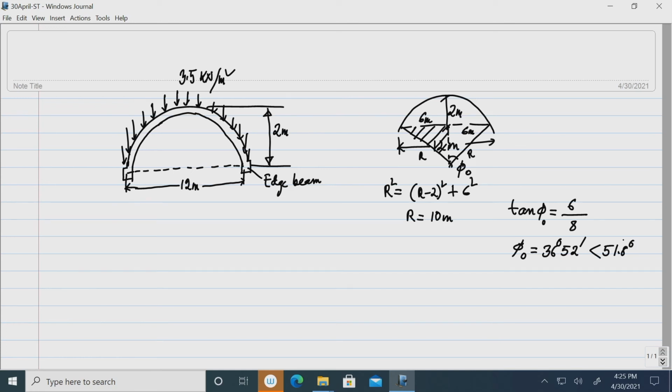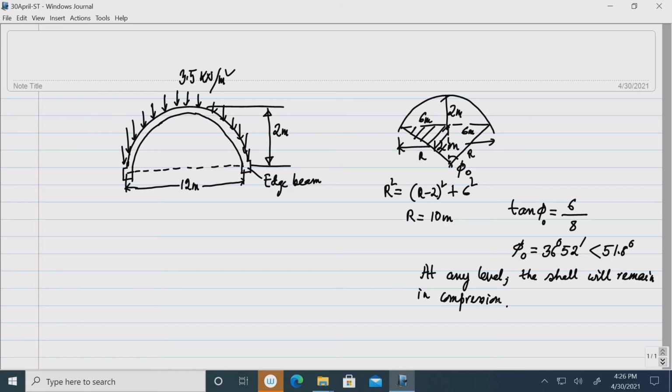So, hence there is no chance of any tensile stress in this shell. So, therefore, at any level the shell will remain in compression. So, that is our conclusion by seeing the angle.